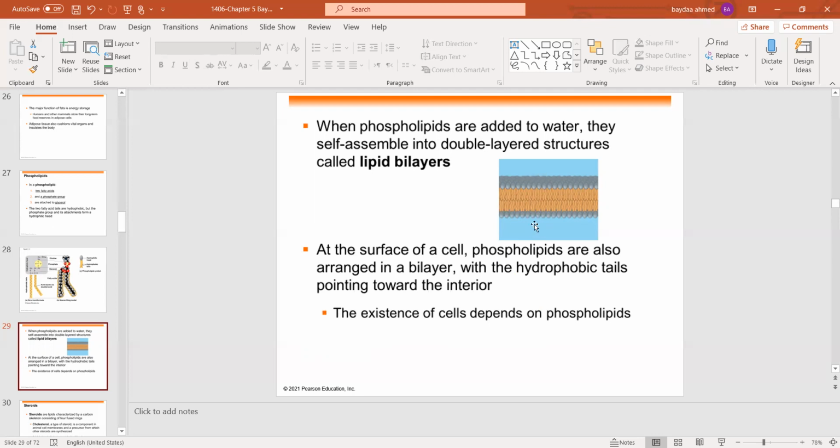So each phospholipid has two parts, head and tails. The head is hydrophilic and tails are hydrophobic. So the hydrophobic tails point toward the interior of the bilayer, away from the water. The phospholipid bilayer forms a boundary between the cell and its external environment and establishes separate compartments within eukaryotic cells.